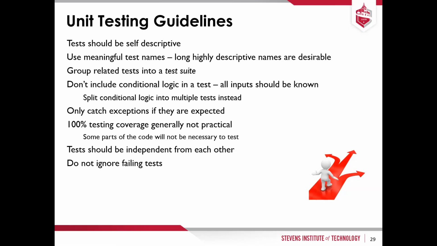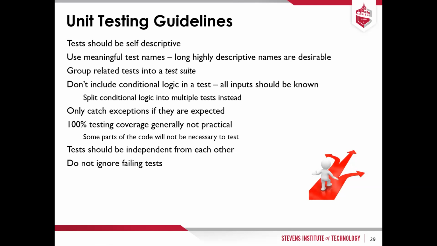The conditional logic goes through the development. The test is only going through the path and seeing if the result is what we expect to see. We only catch exceptions if they are expected. If we do not expect to see something and it just happened, that's a failure in the test. 100% testing coverage is generally not practical, so we do not expect that unless the program is very small.